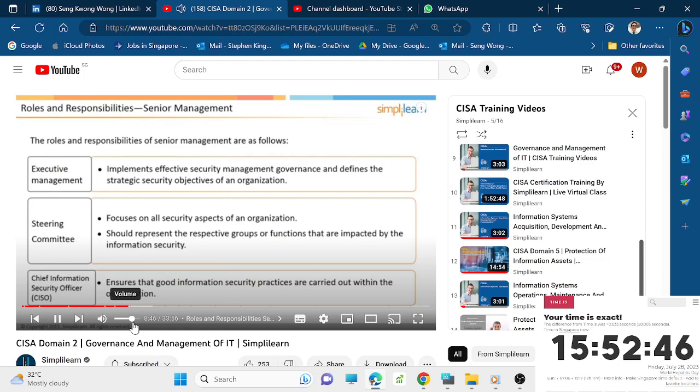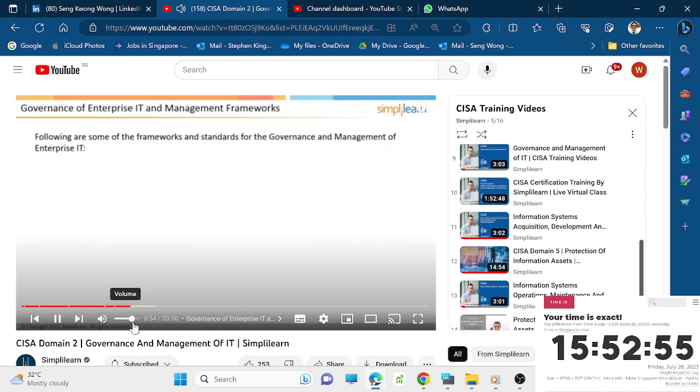Let us learn about governance of enterprise IT and various management frameworks in the next screen. Following are some of the frameworks and standards for the governance and management of enterprise IT.